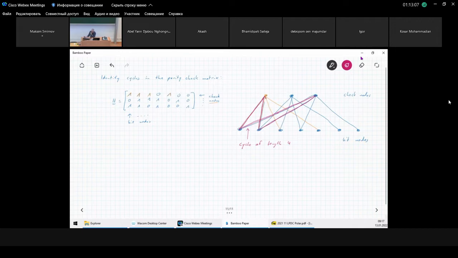So let's see basically how this looks like in the parity check matrix. So the transition between bit node 1 and check node 1 is this one. Then the transition between check node 1 and bit node 2 is this one.